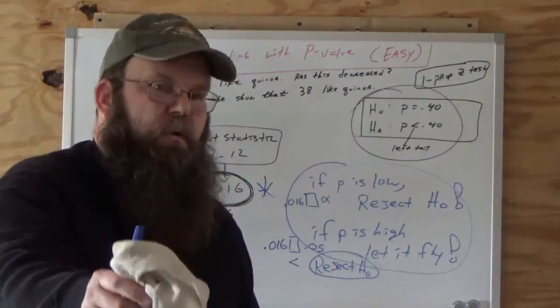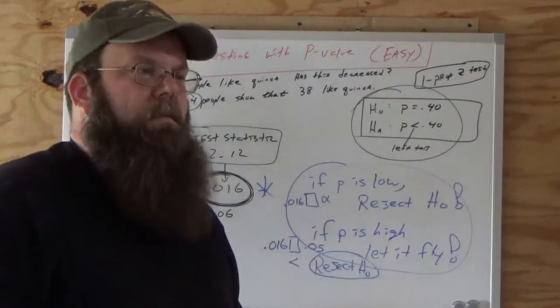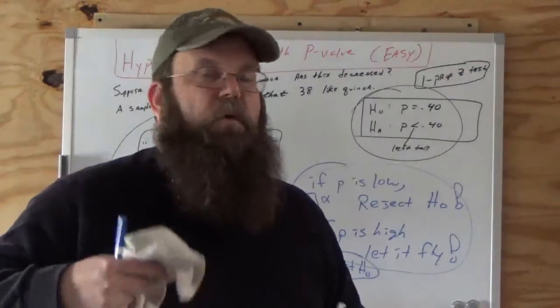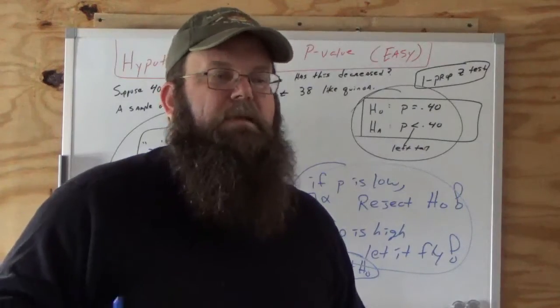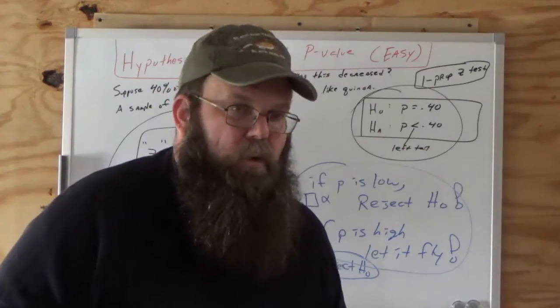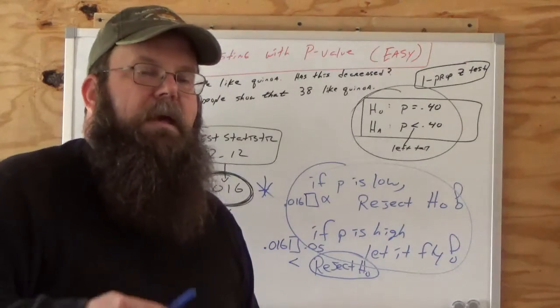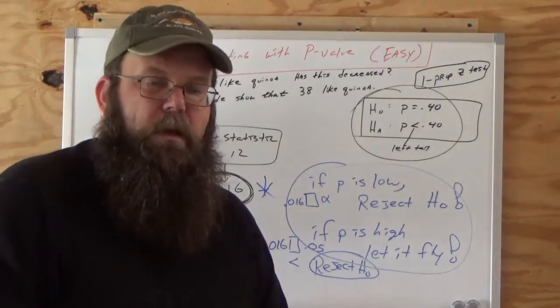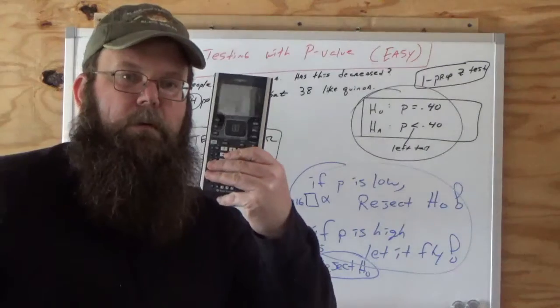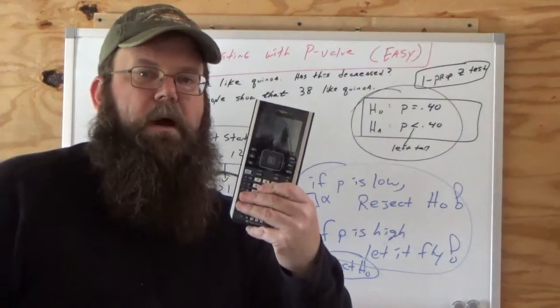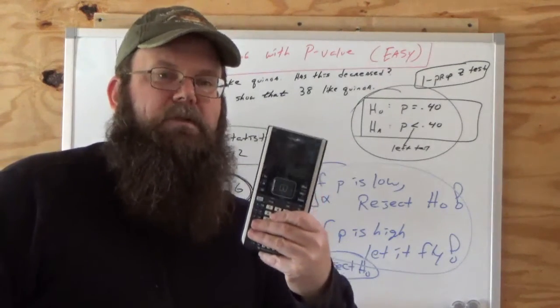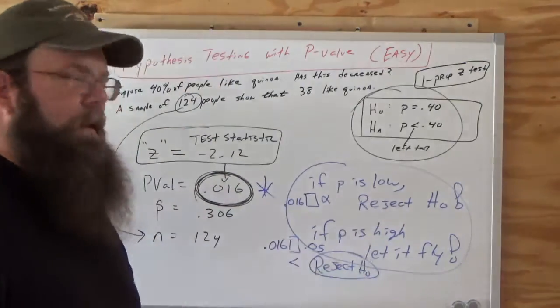What I want you to do before the next time we meet, which is probably, if all goes well, in a couple days, it depends on how fast I can get this thing uploaded. But what I want you to do in the meantime is the 2 problems off of your quiz. I want you to run them through your Inspire and get the correct answers with the p-value method.